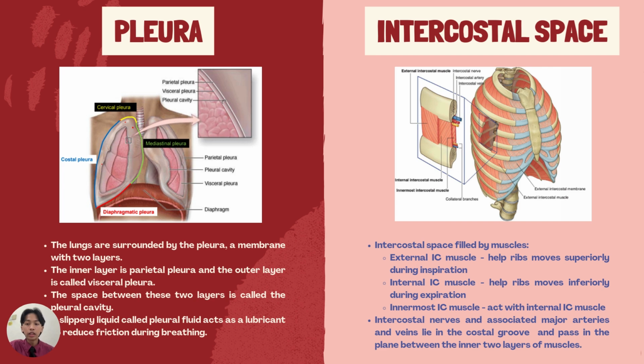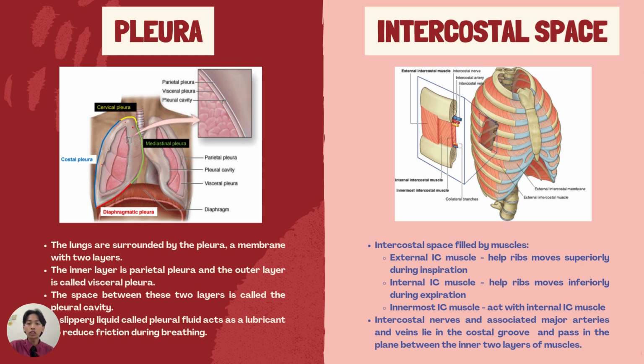Between these two layers is a small space called the pleural cavity that is filled by pleural fluid. This fluid acts as a lubricant that reduces friction during breathing. If the pleura becomes damaged or inflamed, it can lead to conditions such as pneumothorax, where air enters our pleural cavity, causing our lung to collapse.